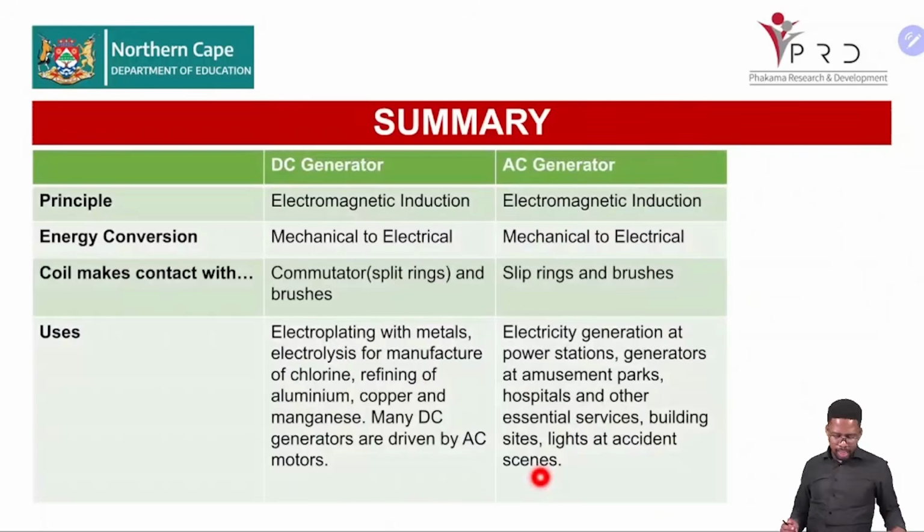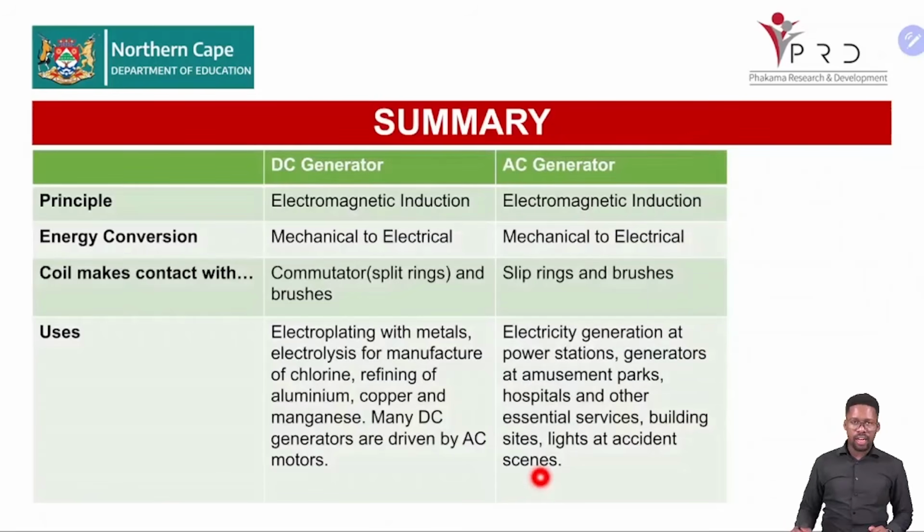So the summary, we spoke about AC and DC generator. And we said that if they say write down the law that is applicable, your answer will be Faraday's law. But if they say principle for a generator, it's electromagnetic induction.